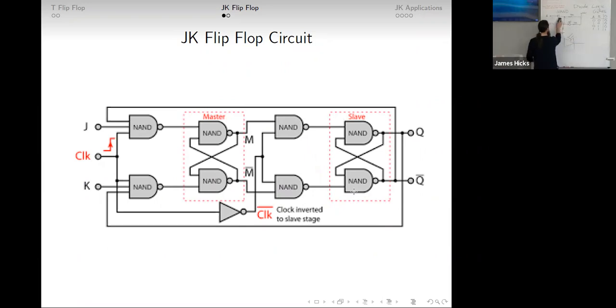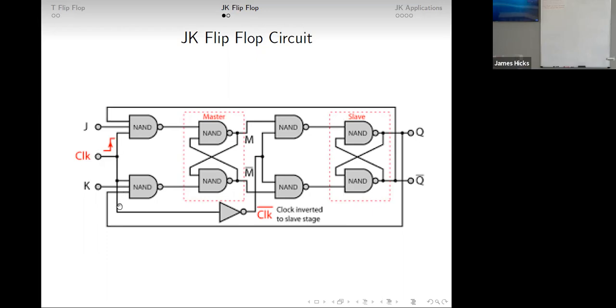Back to the JK flip-flop. So this is schematically what's on the inside of this flip-flop. A lot of AND gates and inverters. The way this is set up in this particular version of the JK flip-flop is my clock signal here, I'm going to trigger the master flip-flop first.